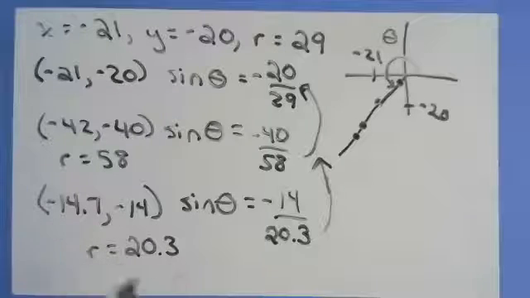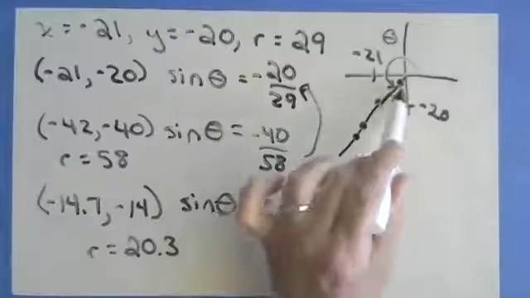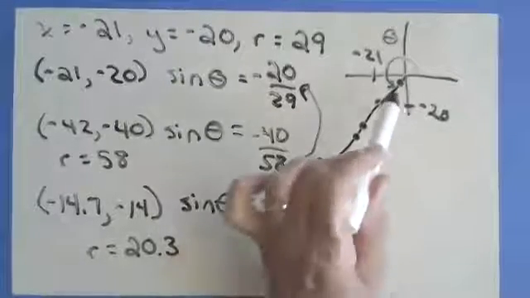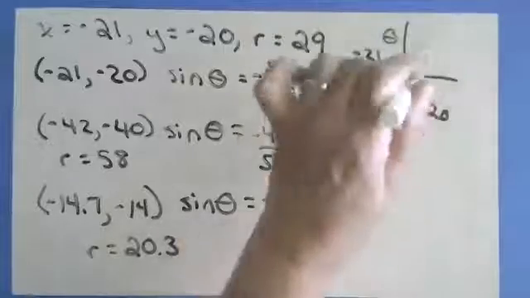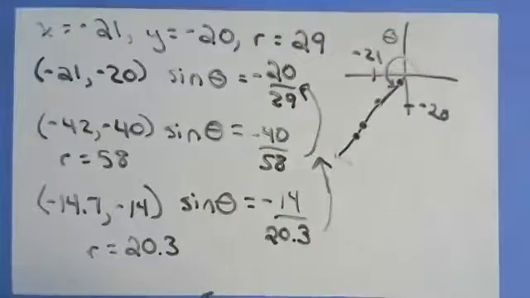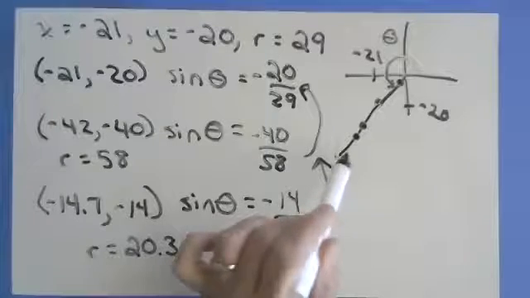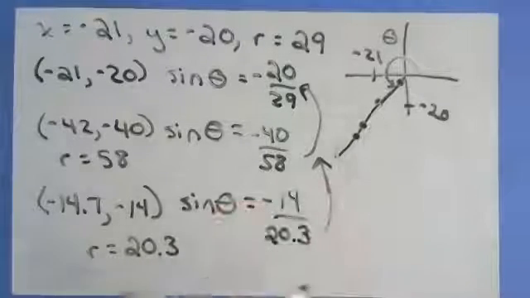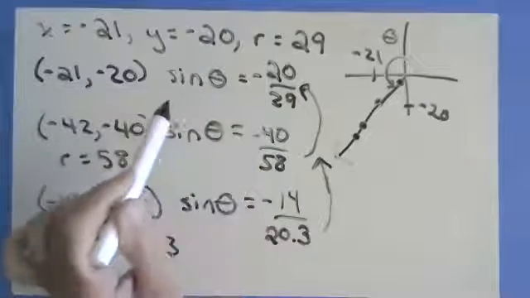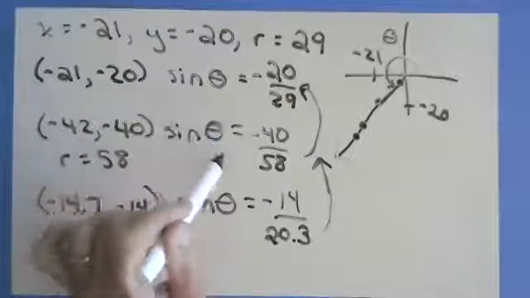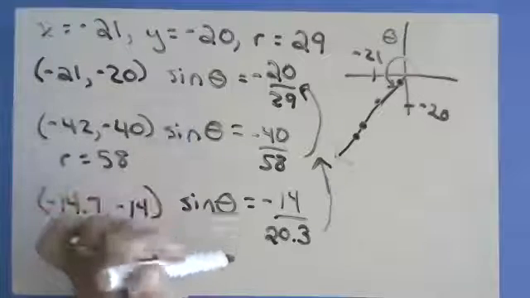But the fact is you can pick any point along this ray that starts at the origin and goes off forever, forming this angle. This ray terminated in quadrant 3, and every single point on the ray will have the same ratio for sine of the angle, the same ratio for the cosine of the angle.